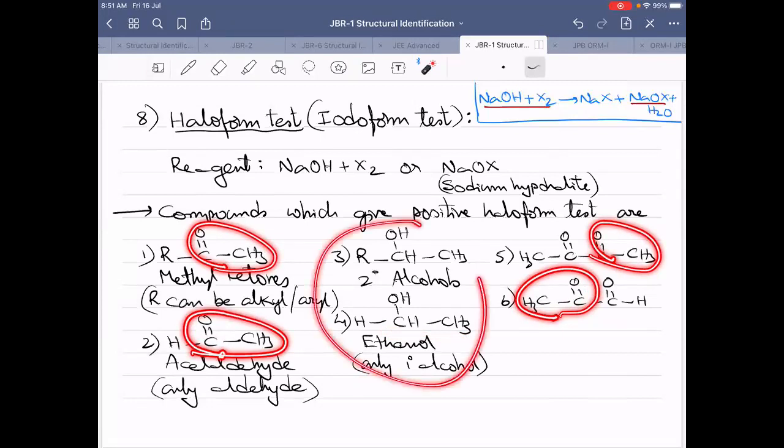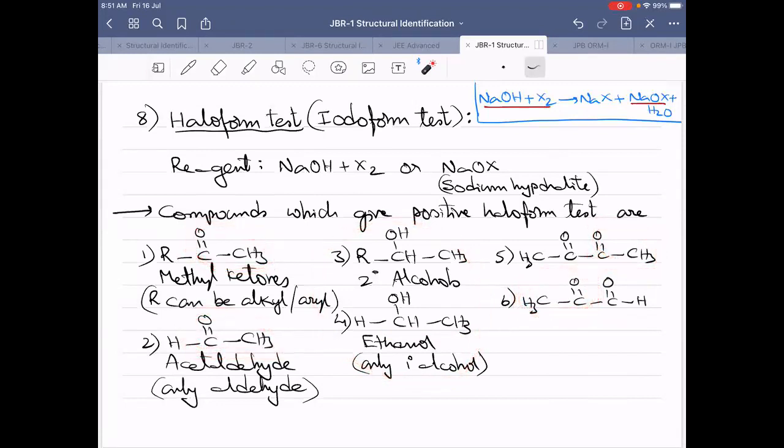But why these two compounds are giving the test is because this reagent is not only giving the iodoform test, it has another property also, that is, it is oxidizing in nature. That means this can also be used as an oxidizing agent. Like in bleaching powder, you have calcium hypochlorite, an oxidizing agent, a bleaching agent.